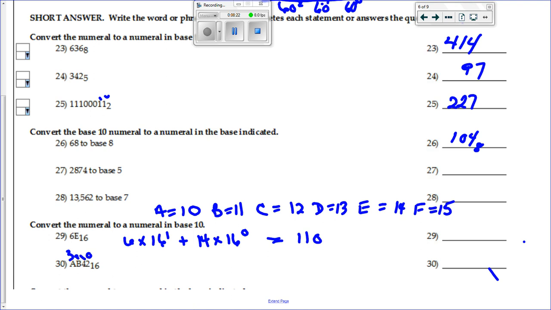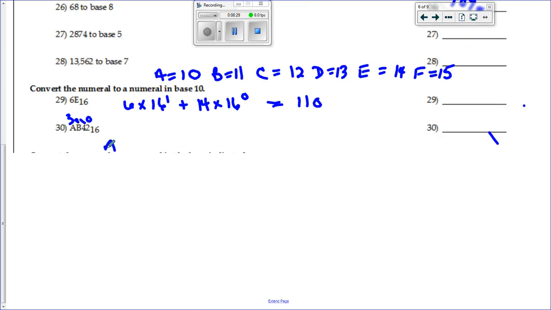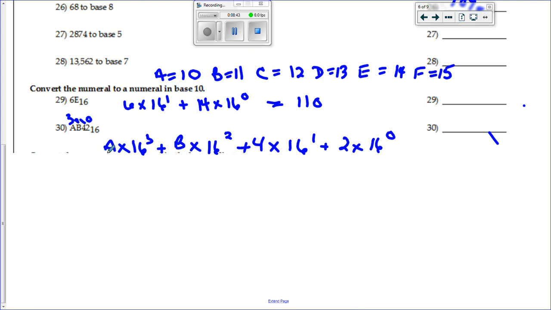Okay, so now this is the 0, 1, 2, 3. So I would do A times 16 to the third plus B times 16 squared plus 4 times 16 to the first plus 2 times 16 to the 0. So again, A is a 10. 16 to the third is 4,096.